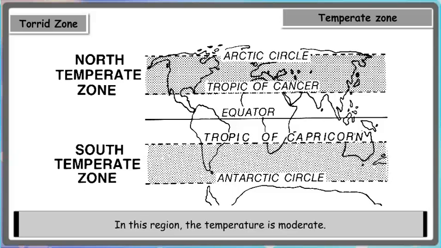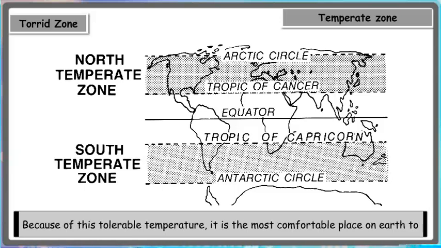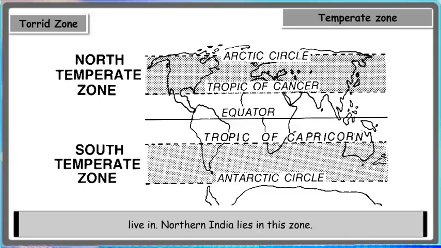In this region, the temperature is moderate. Because of this moderate temperature, it is the most comfortable place on earth to live in. Northern India lies in this zone.